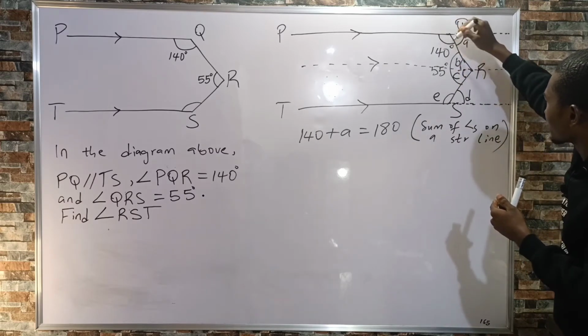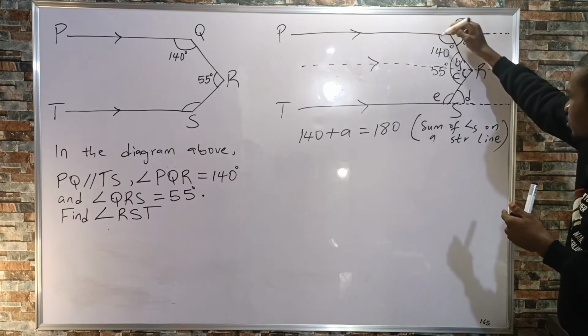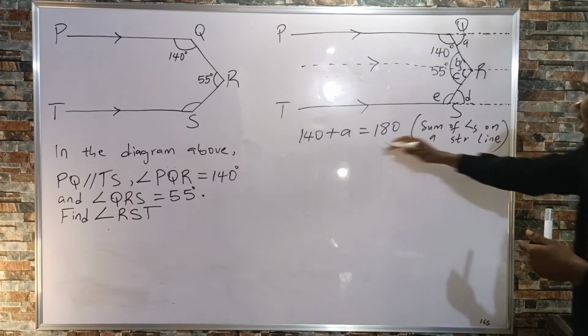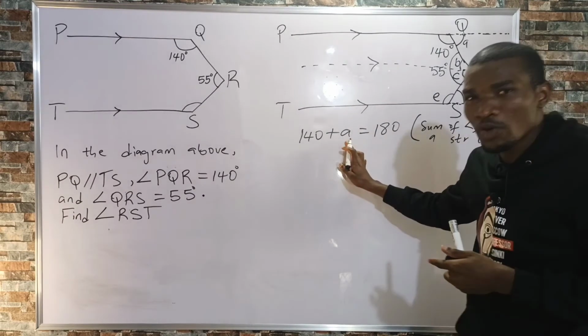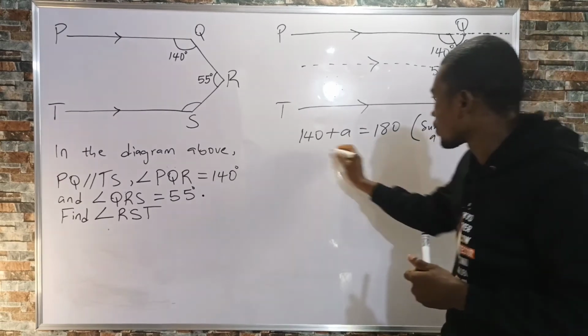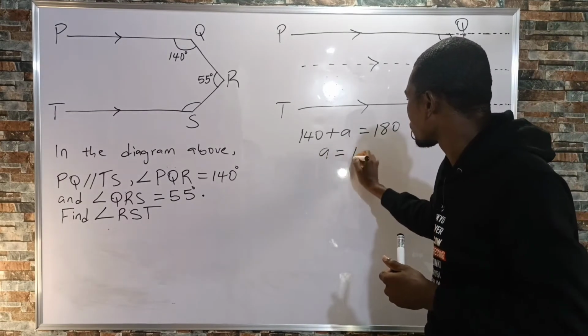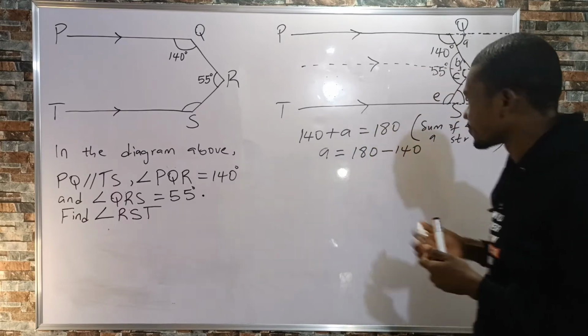So the angle here to here and the angle here to here, they are on this straight line, but they are below. So they are summed up to be 180 degrees, such that when we make the A the subject of this given equation, that means we have that A is equal to 180 minus 140.